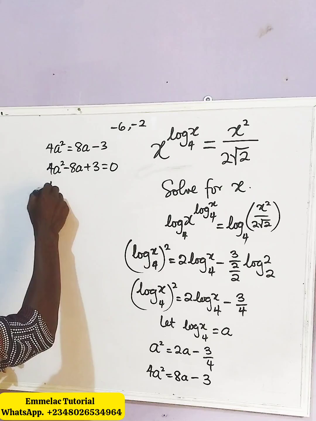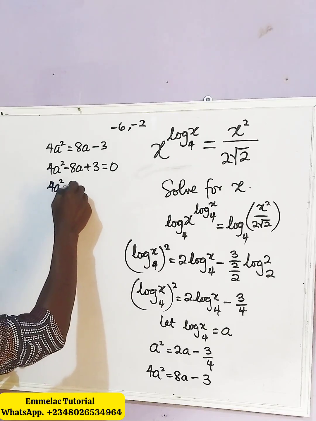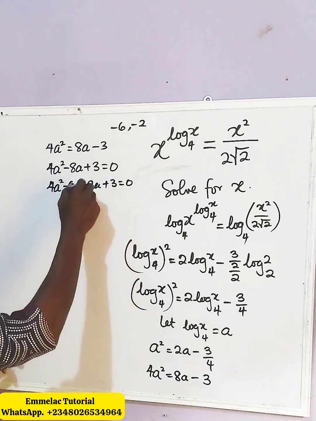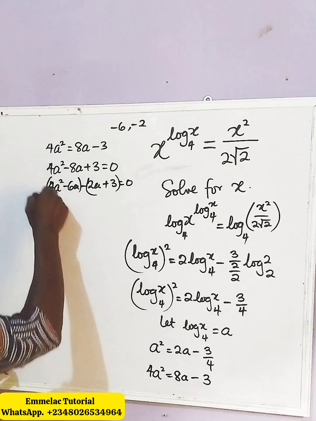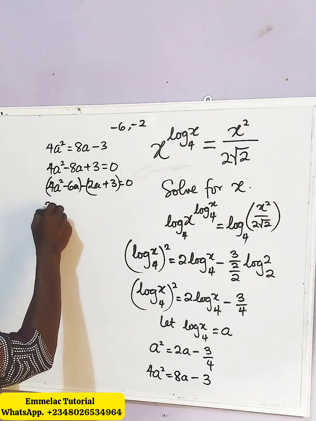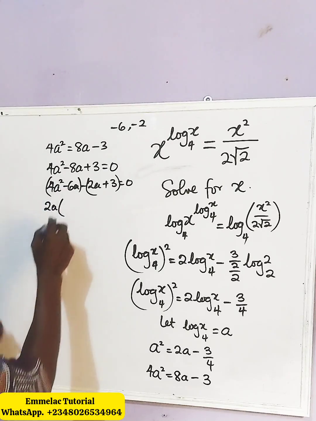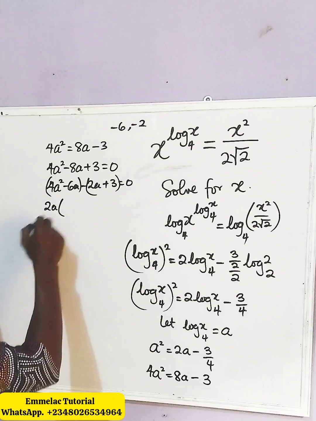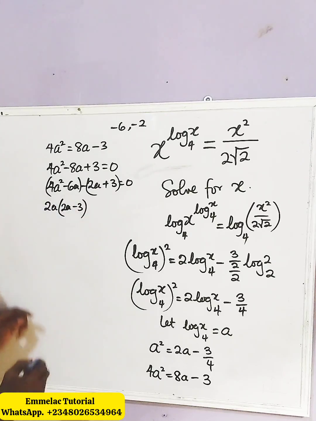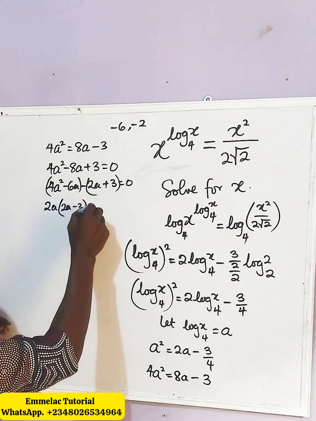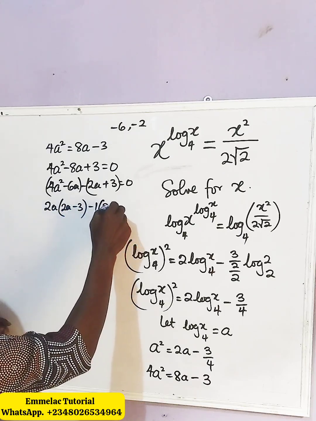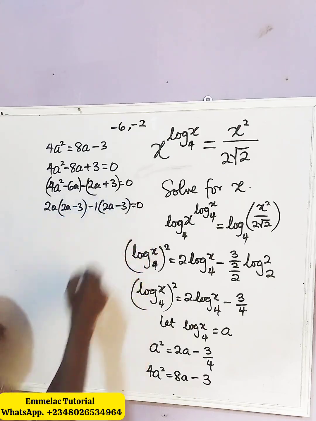So here we have 4a squared minus 6a minus 2a plus 3 equals 0. Now let us collate. The common term here is 2a, so we are left with 2a minus 3, then minus 1, into 2a minus 3, all equals 0.